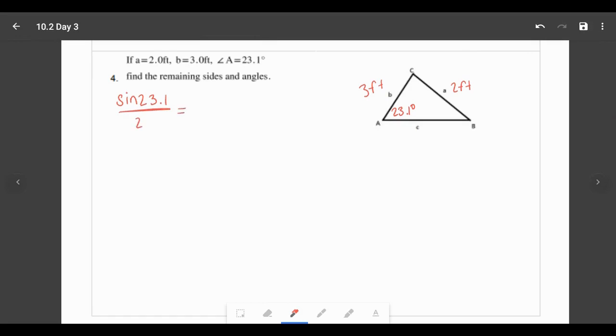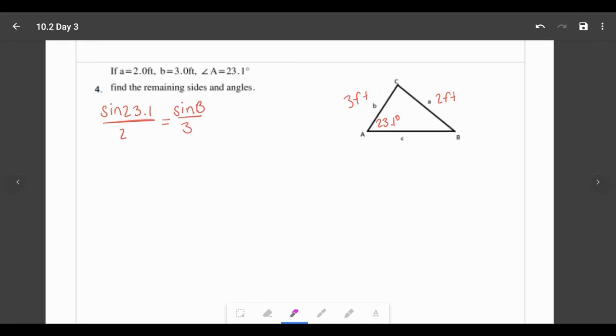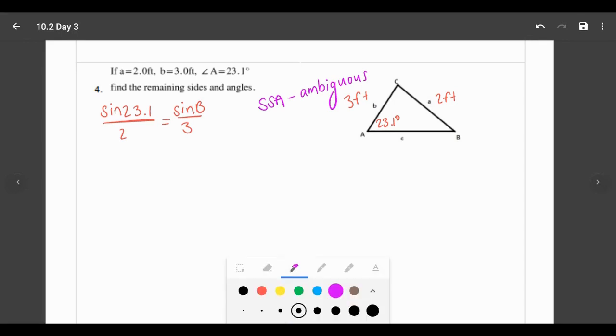We have side B, so let's look for angle B first. Now, remember, looking at the diagram, it's a side-side angle. And because we're looking for an angle first, we must look for a second case. So make yourself a note so that we remember to come back to it later on.